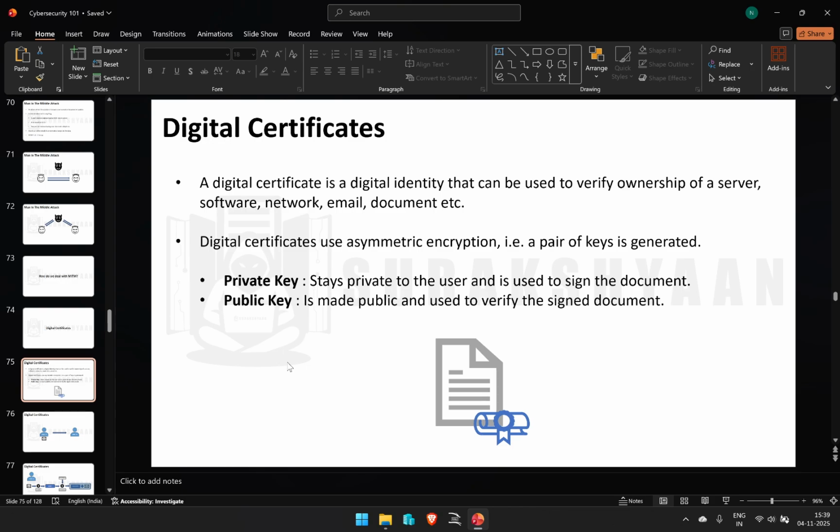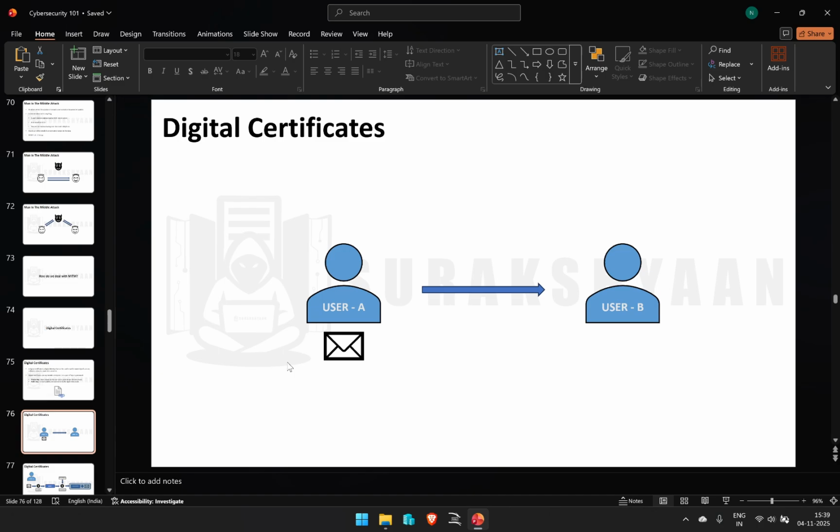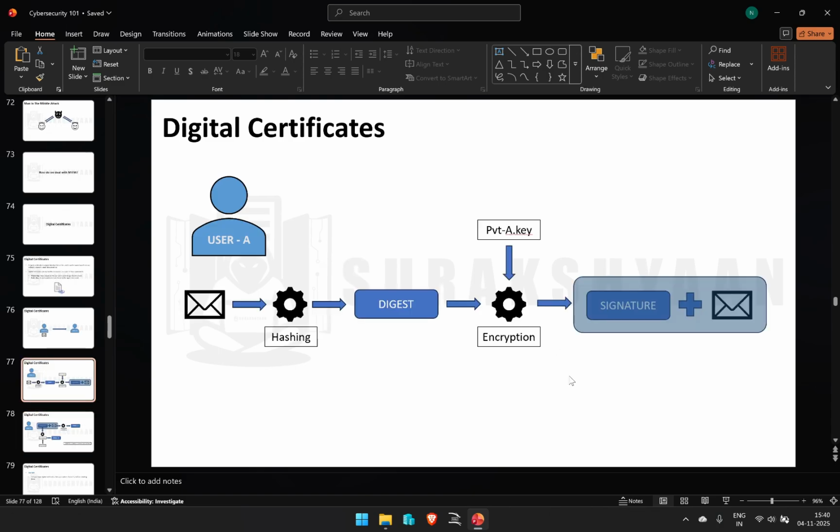So let's try to understand this with the help of a diagram. We have user A here, and user A wants to send a digitally signed document or message to user B. This is what happens on user A's side. User A simply takes that document and passes it through a hashing function. A hashing function is simply a mathematical function, as we discussed in one of the previous lectures.